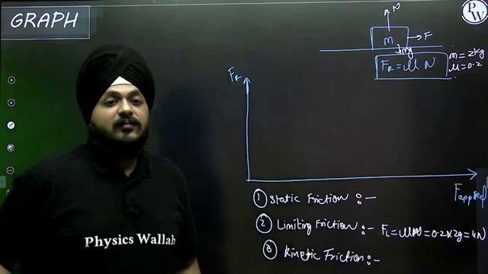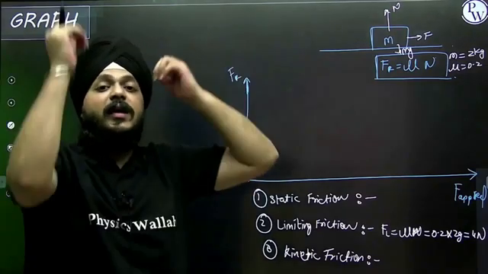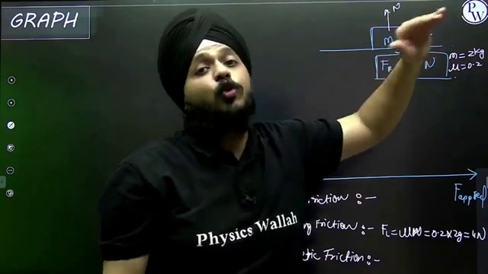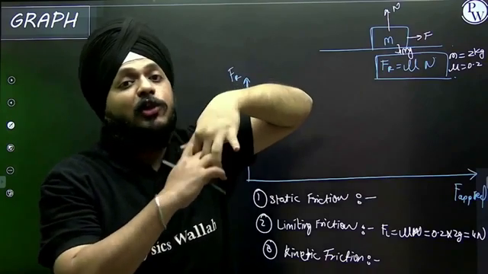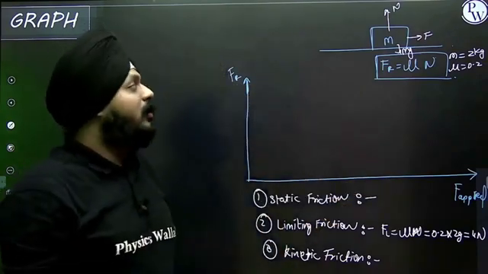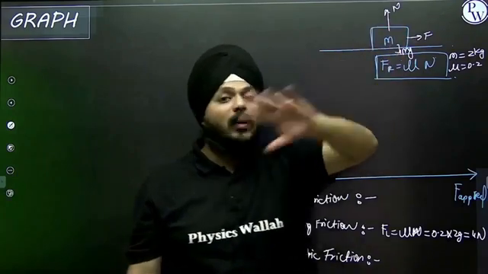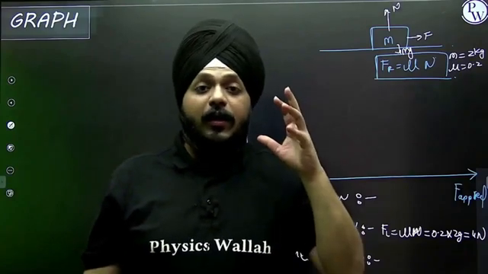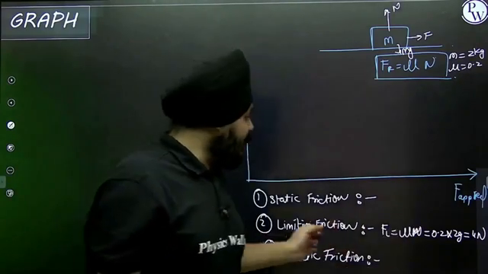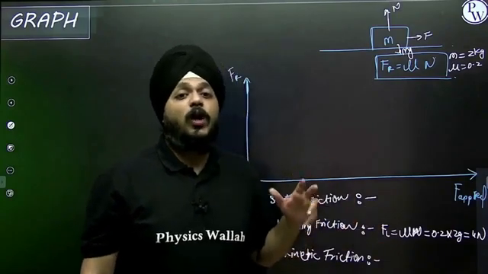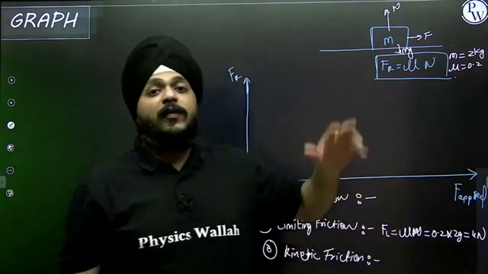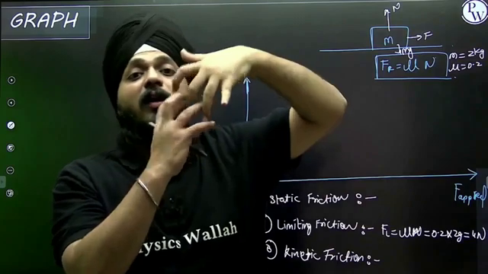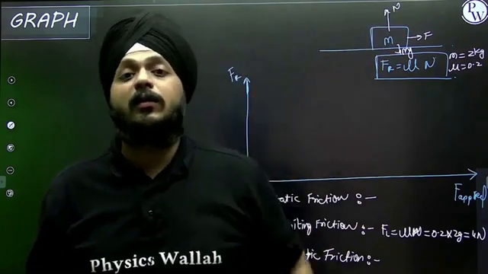It is the maximum value of the friction up to which the interlocking will not get broken and the object will not start its motion. The name itself states a threshold value up to which the particle will not start moving. After this, the interlocking will get broken and the object will start moving.